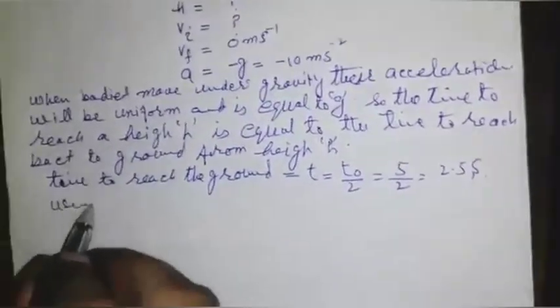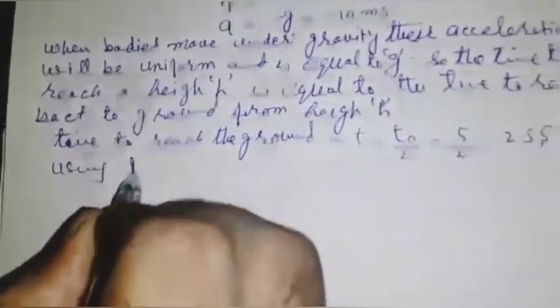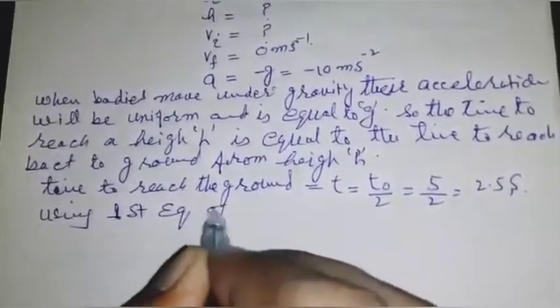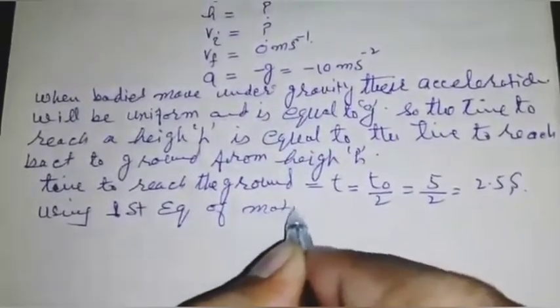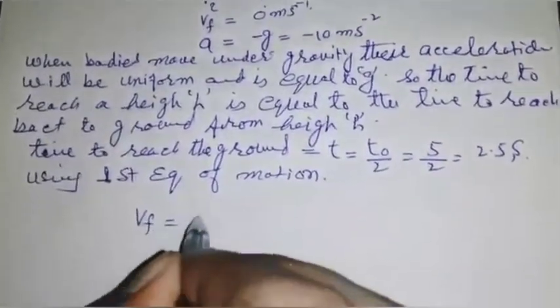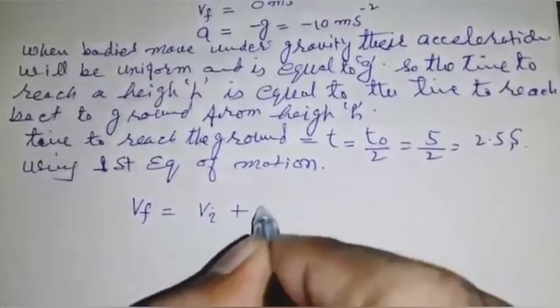Using first equation of motion, Vf is equal to Vi plus At.